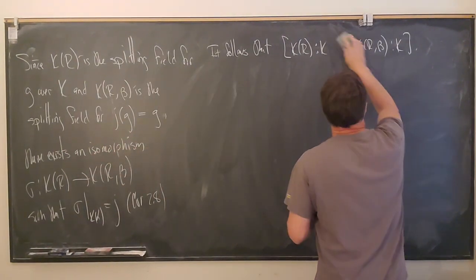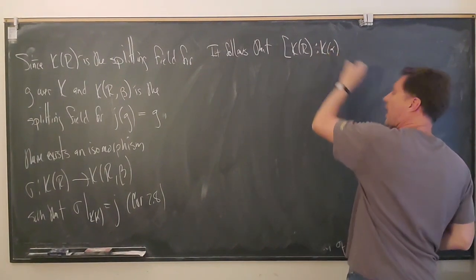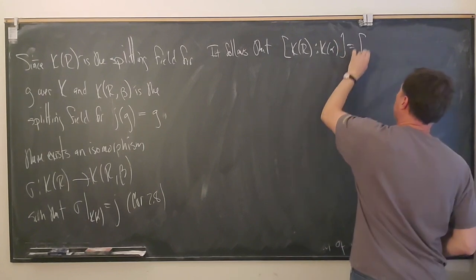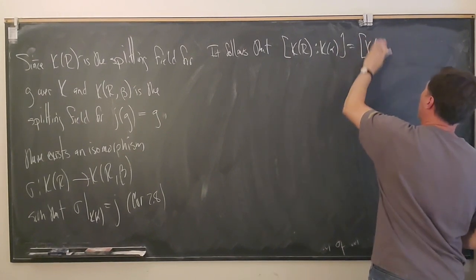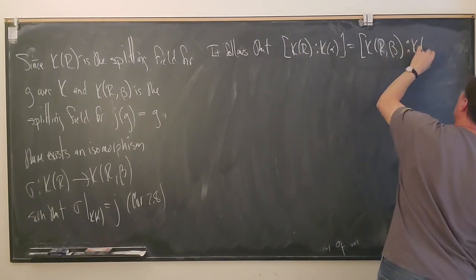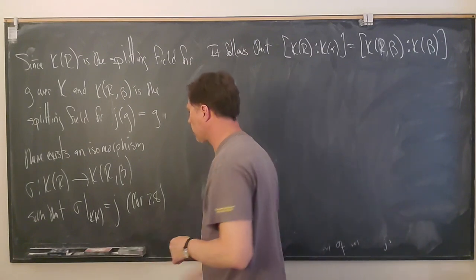I just lied here. Well, I didn't lie, but I need to actually prove this. Okay, this is K adjoin R over K adjoin alpha is equal to, sorry, K adjoin R together with beta over K adjoin beta. There we go. So now I need to apply the Tower law.